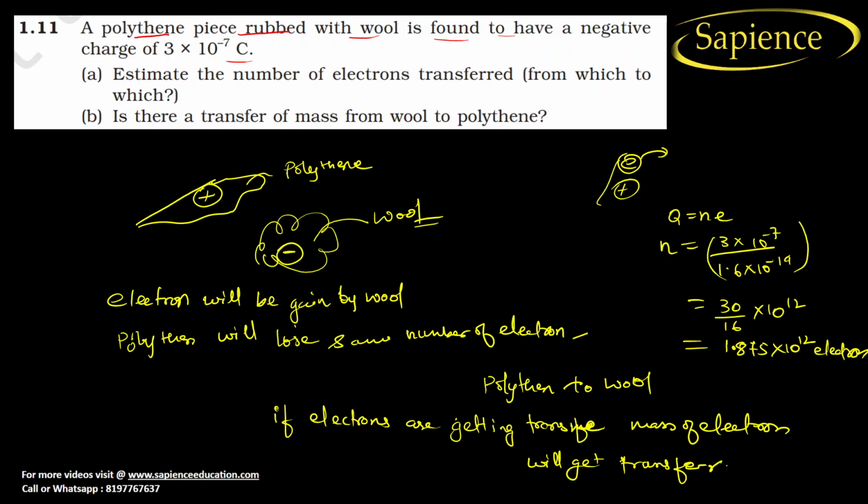We know the mass of the electron. Let us suppose the mass of one electron is approximately 9.1 into 10 to the power minus 31.